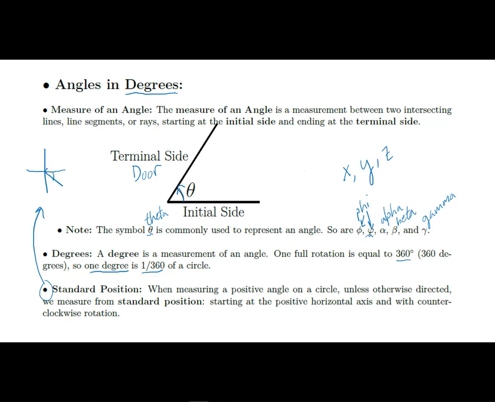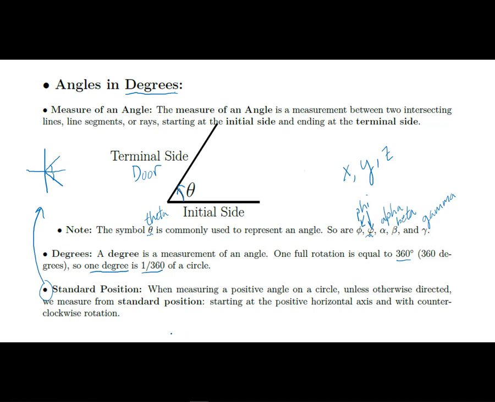But I could also say that this is 45 degrees if this is the angle we're talking about. So you see, we need a place to start from, and we also need a direction to rotate in order to make any sense of what sketching 45 degrees means.